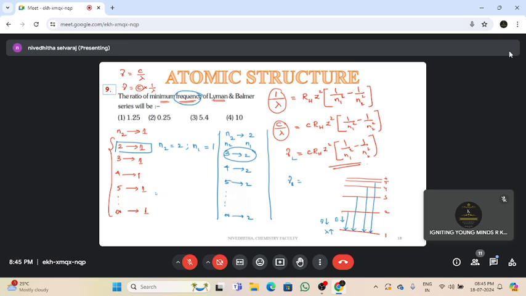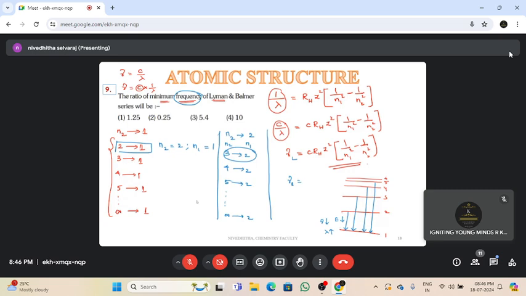Avantika's answer is option C. So I got two different answers.